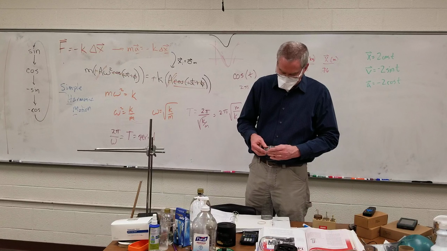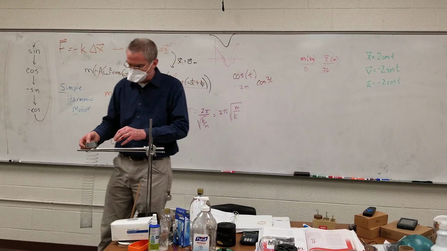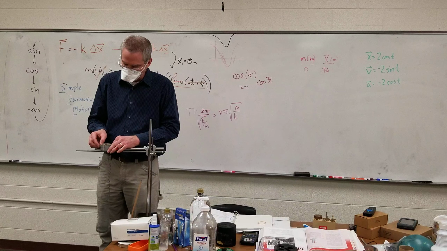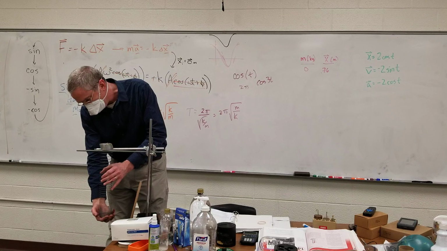And hopefully the rubber band doesn't get trapped in the spirals to the point where I have to cut it. It also provides a little bit more friction. So let's get that to calm down.